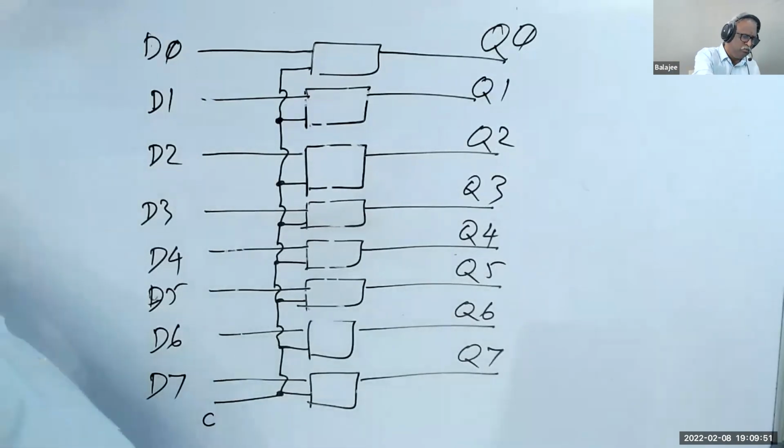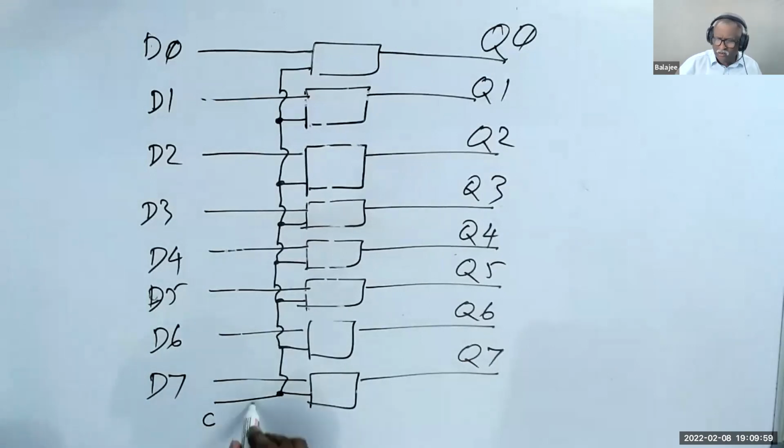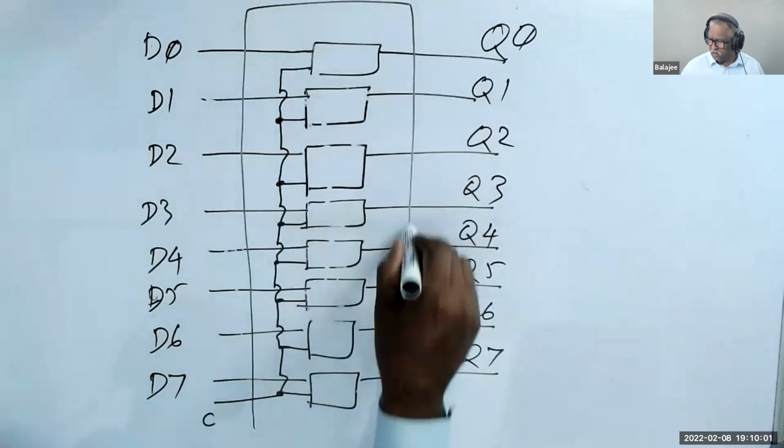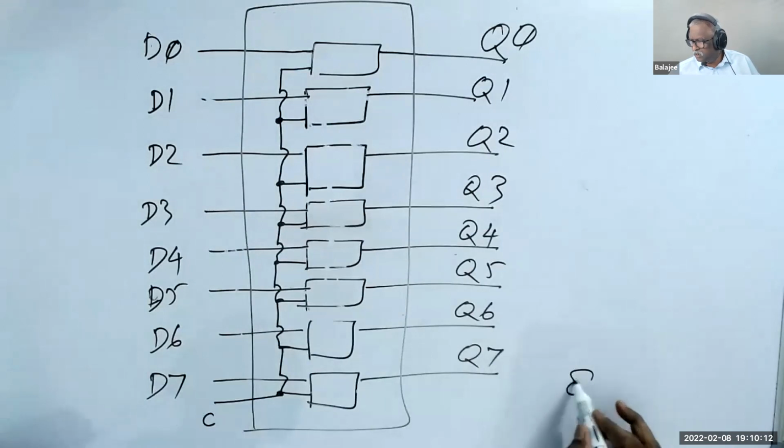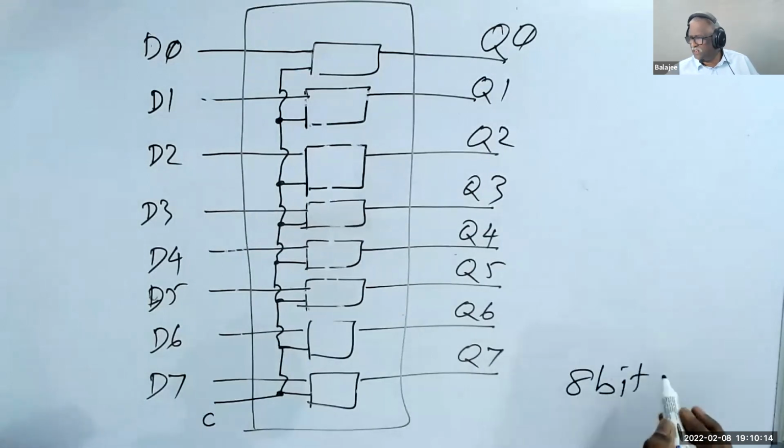So, now you understand this. Now I put a box here. When I put a box, this is called an 8-bit latch.